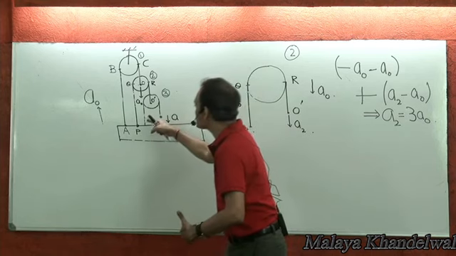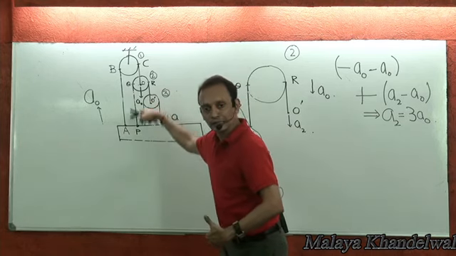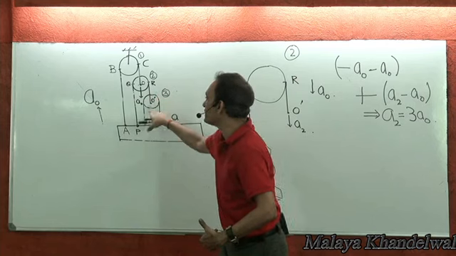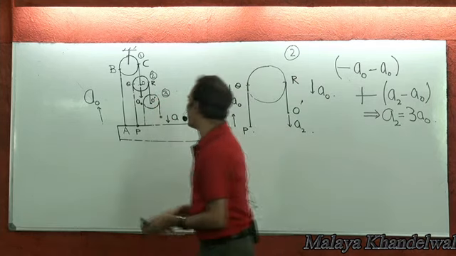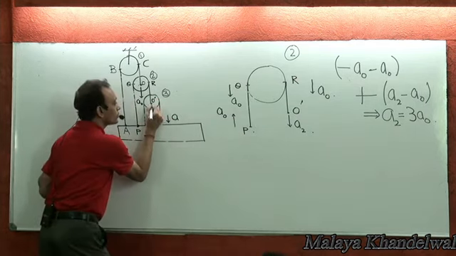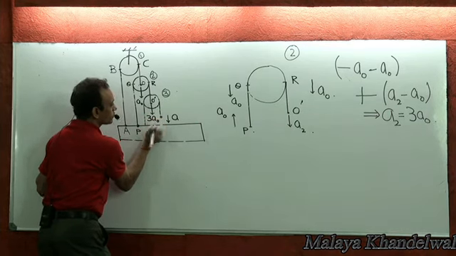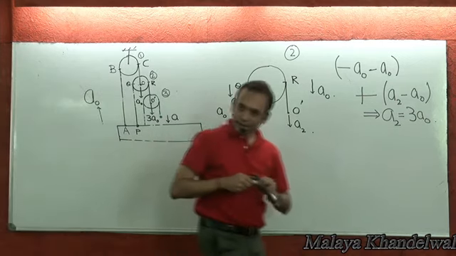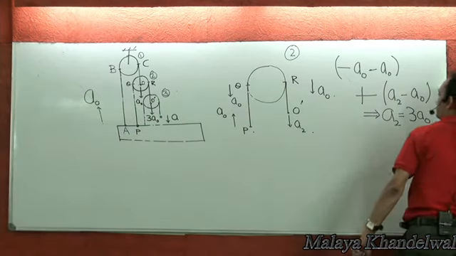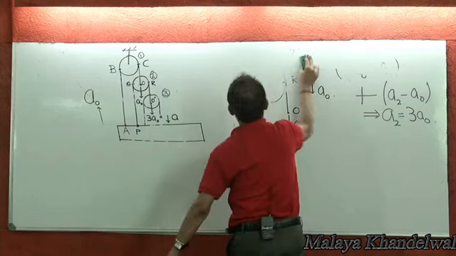Let me apply the string constraint to this final string. Clear? So let me move to pulley 3. Given that O prime has a downward acceleration 3a naught, that means pulley 3 has a downward acceleration 3a naught. Pulley 3 this time.